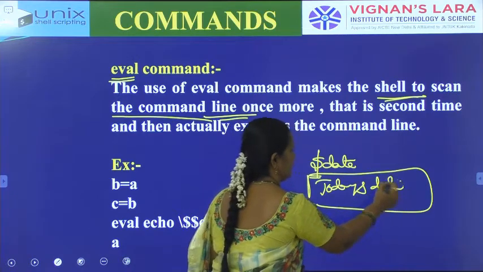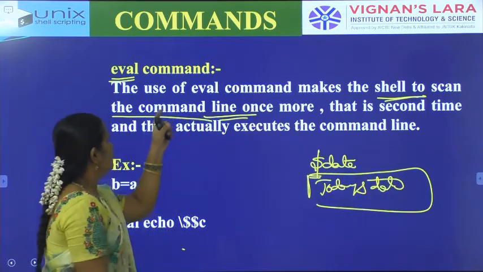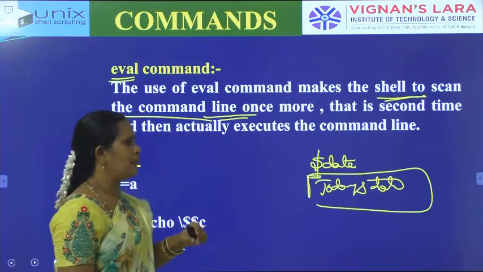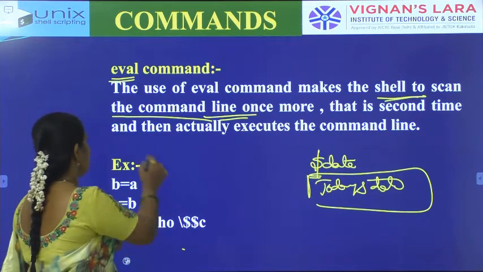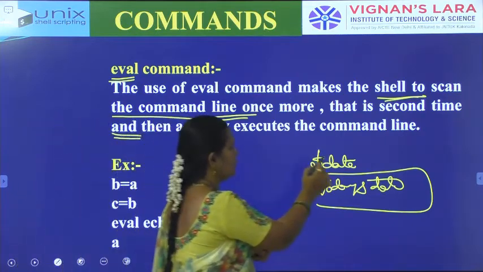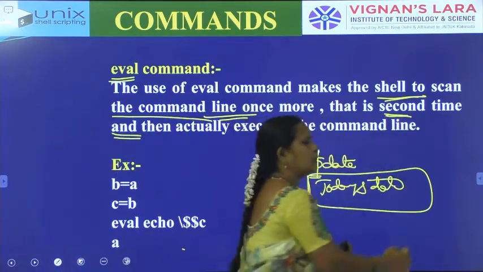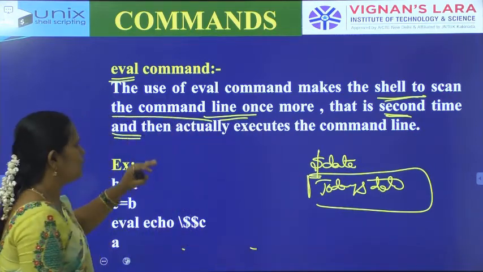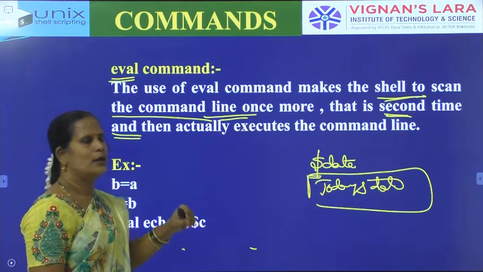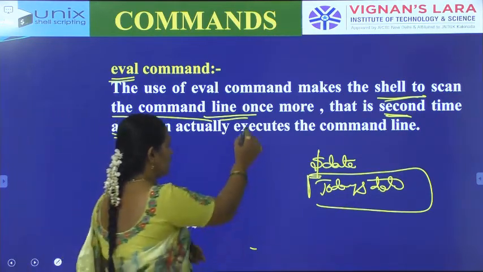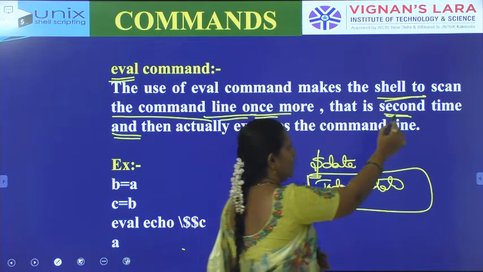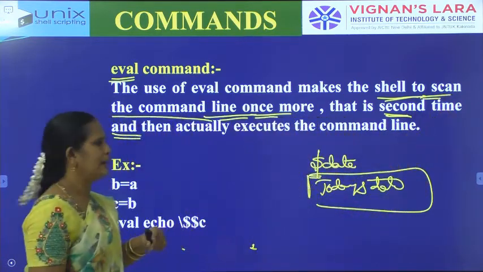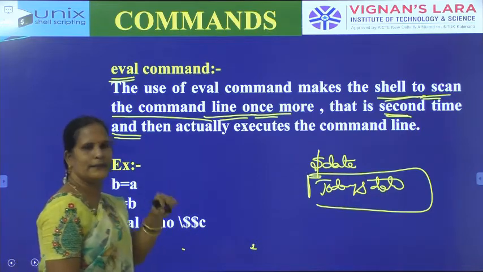Eval space echo space dollar C is going to print B. Echo space slash dollar variable name means the command is scanned twice, more than one time. That's why I specified the slash before the dollar.